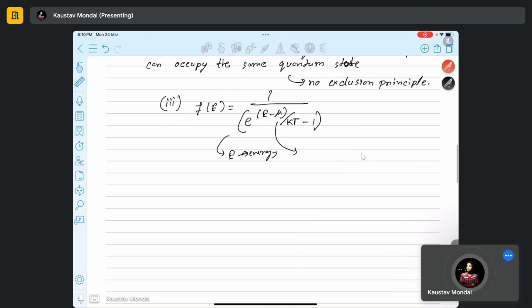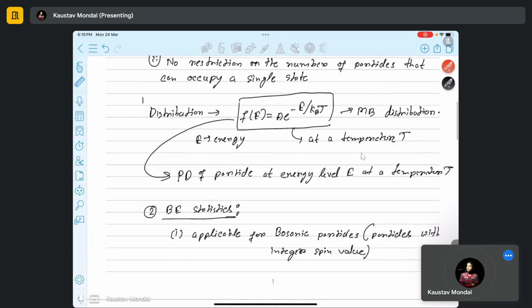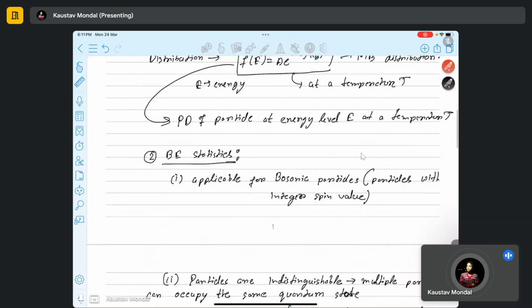Mu is the chemical potential, E is the energy, and T is the temperature. That is the distribution it follows. So these are the three types of statistics.